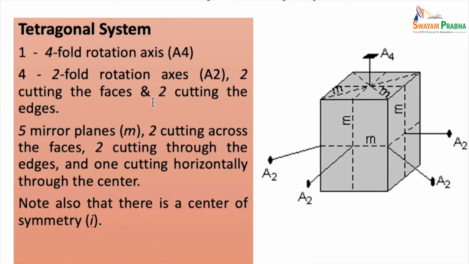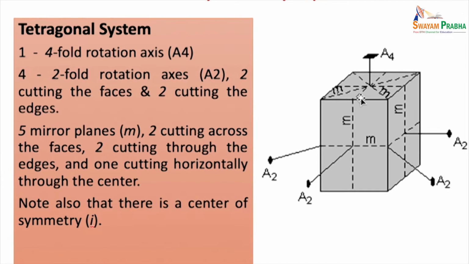Here the crystal has the following symmetry elements. It has a fourfold rotation axis. It has twofold rotation axes, but how many? 4. It has 4 twofold rotation axes, 2 cutting across the faces and 2 cutting the edges. There are also mirror planes.